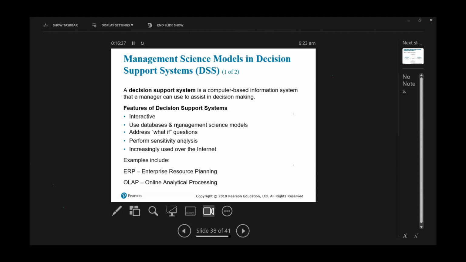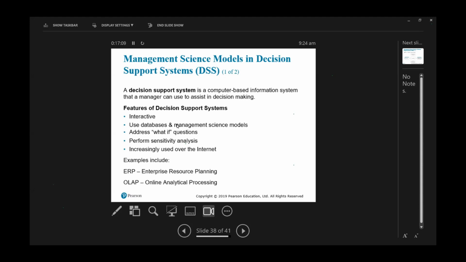Number two, they are connected to databases, and they have management science techniques embedded in them. Number three, they can address what-if analysis or what-if questions. What-if analysis is also one of the techniques that we can use in management science. What if this happens? What will happen?